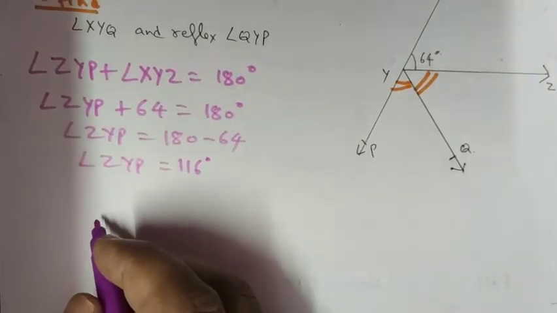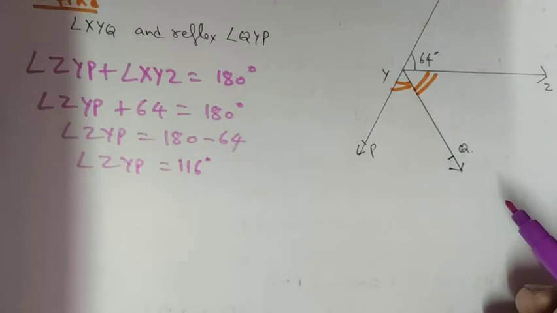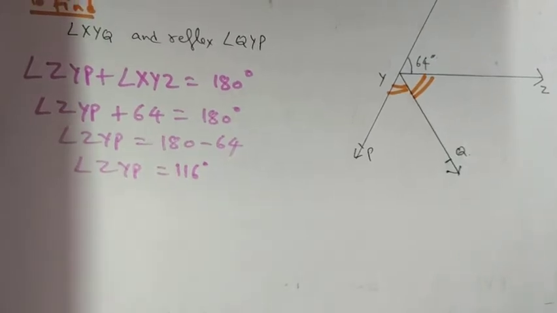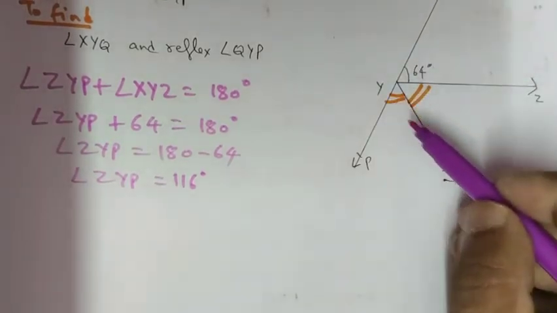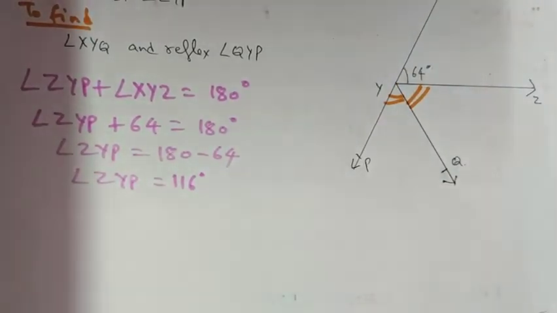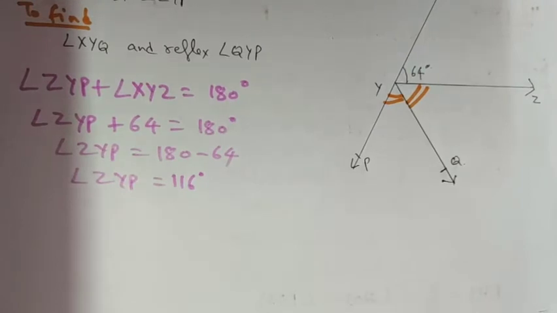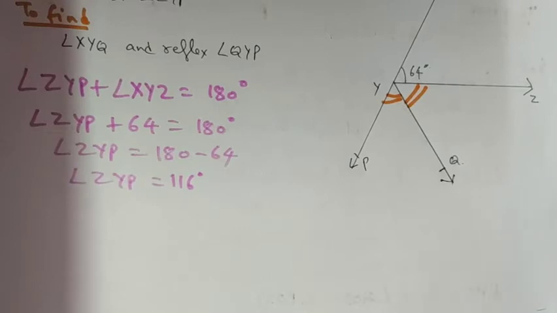And since YQ is the bisector, and we need to calculate XYQ, for calculating XYQ, first we will be calculating the value of ZYQ. So ZYQ will be what?